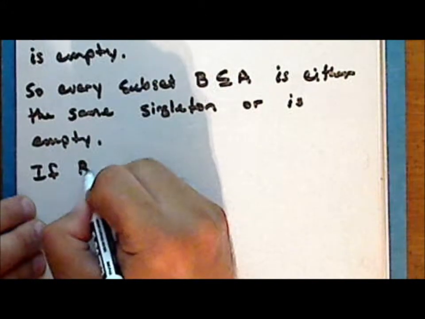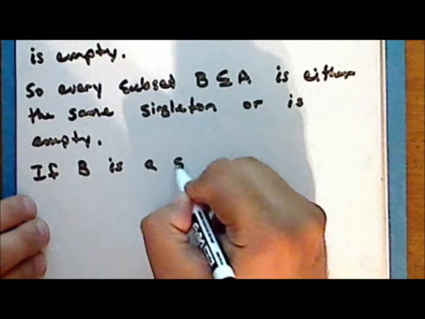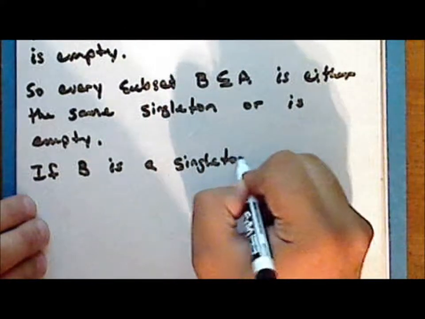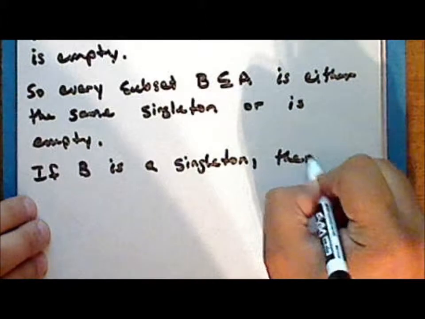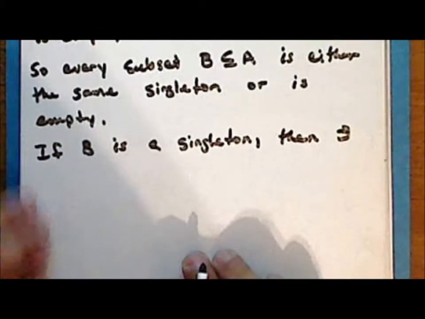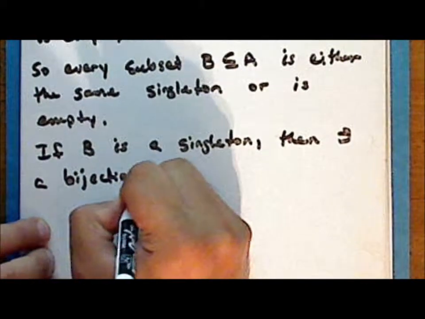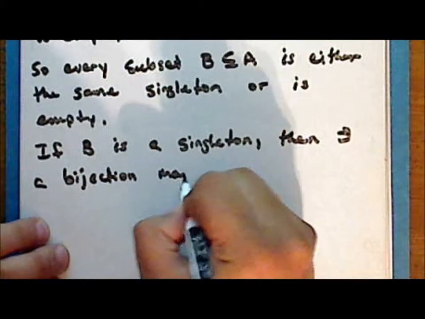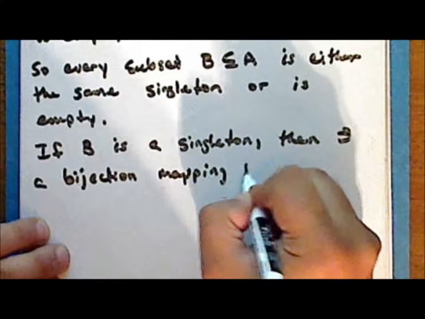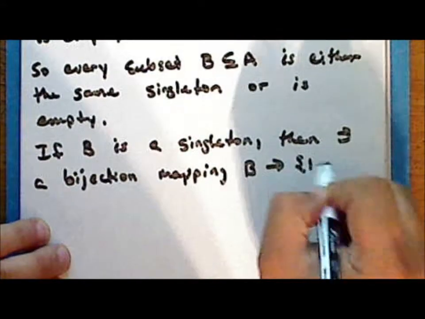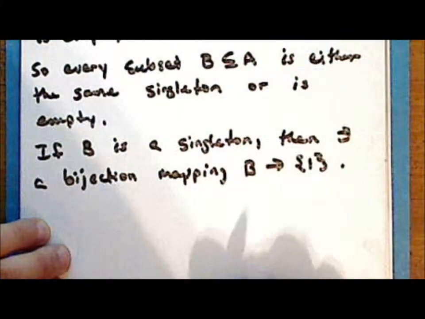If B is a singleton, then there exists a bijection mapping the singleton B into the singleton containing the positive integer 1.